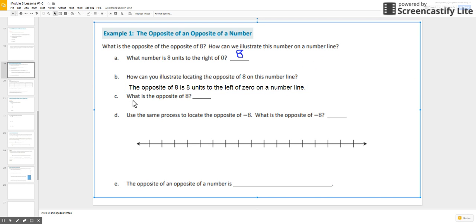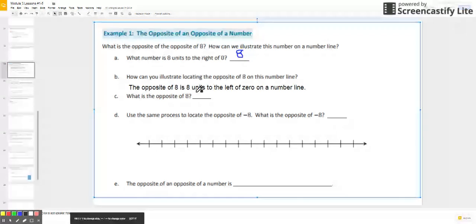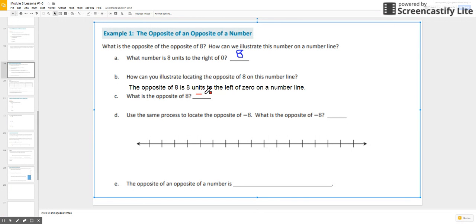All right, well, what is the opposite of 8? Hopefully we know by now that it is negative 8. To illustrate it in equation form, let's get our red out. It would be the opposite of parentheses 8, which equals negative 8.